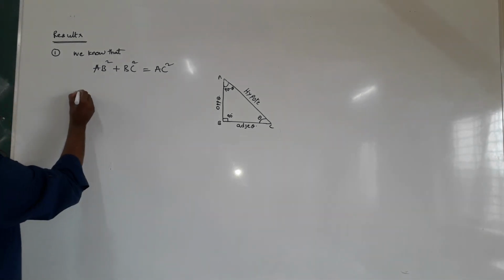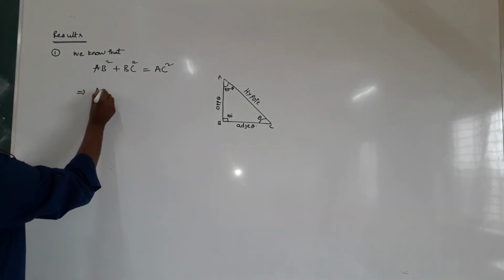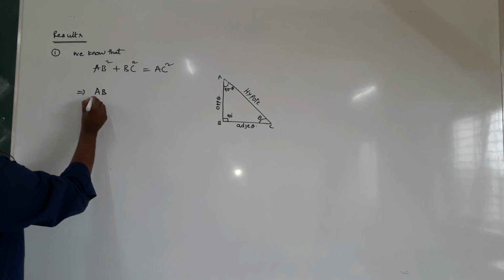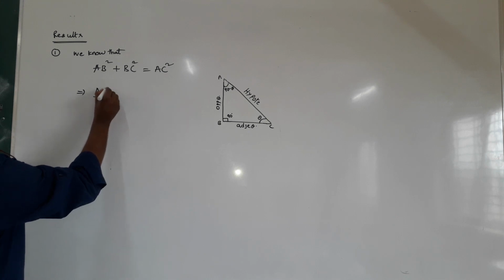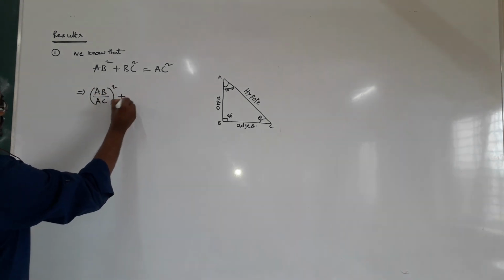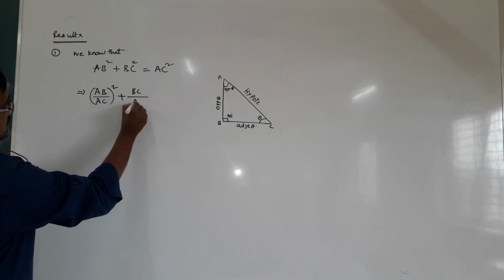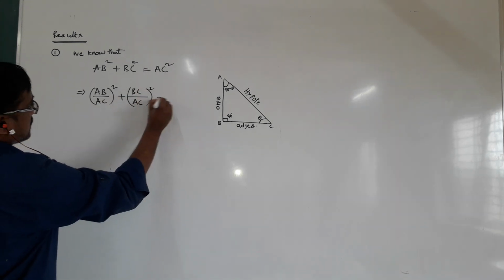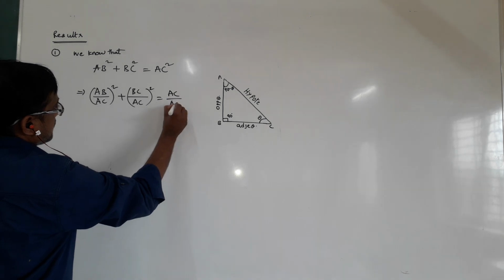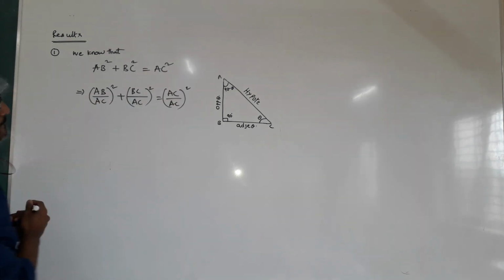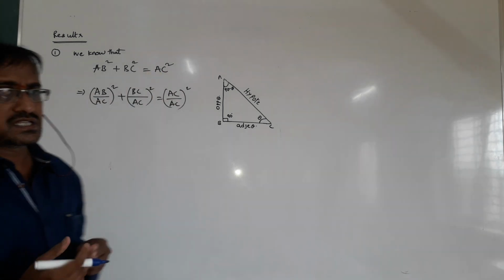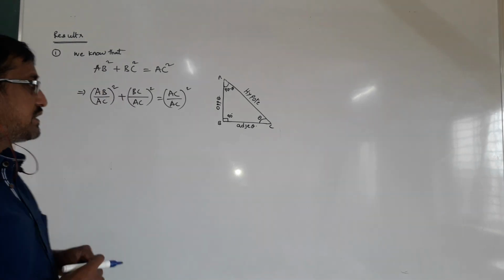Now let us divide the entire equation with AC square. So I can write like this: (AB by AC) whole square plus (BC by AC) whole square is equal to (AC by AC) whole square. Now AC by AC will be cancelled, we will get only 1.